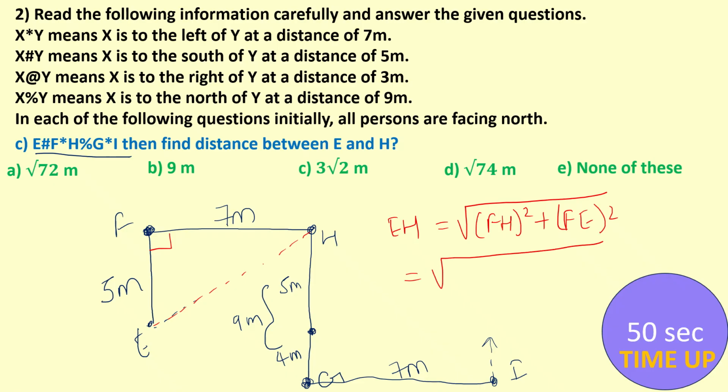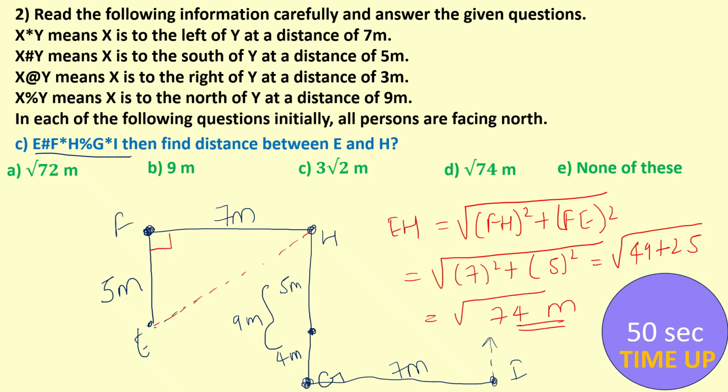So this will be root of 7 square plus 5 square, which will be root of 49 plus 25, which comes to root of 74 meter. 74 is there? Yes, D is the correct option. Root of 74 meter. Hope you all got this correct. All three you got correct under this question.